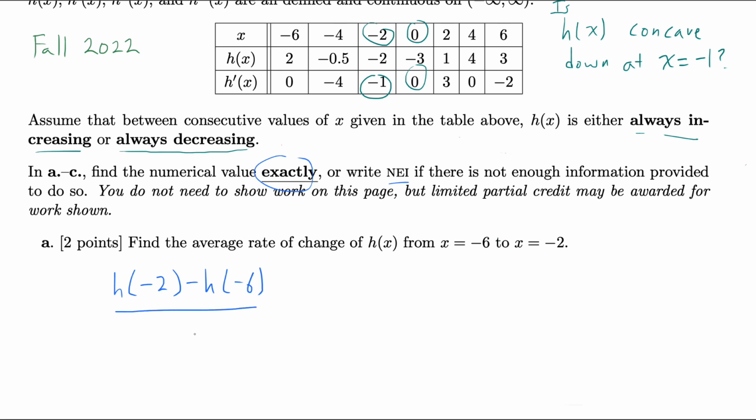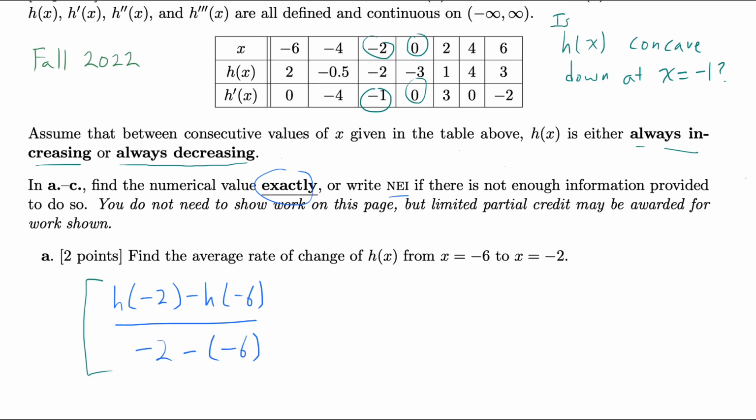And then you divide by -2 minus -6. Make sure you understand how exactly I'm getting this expression. If I'm going from -6 to -2, the input is changing by +4. How do you see that? Well, one way is to do -2 minus -6.